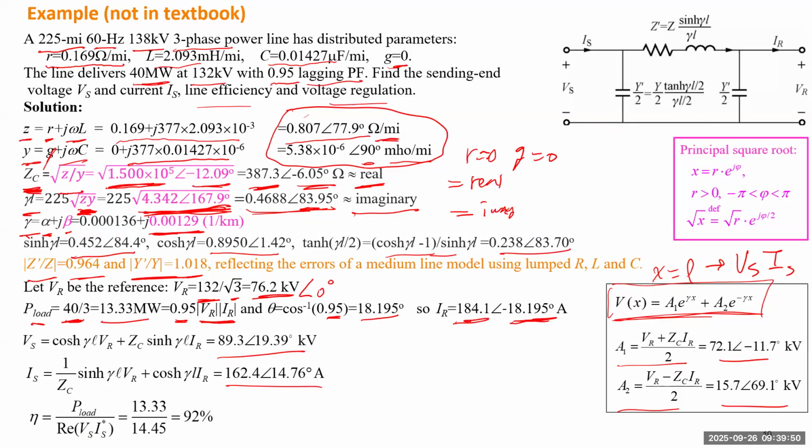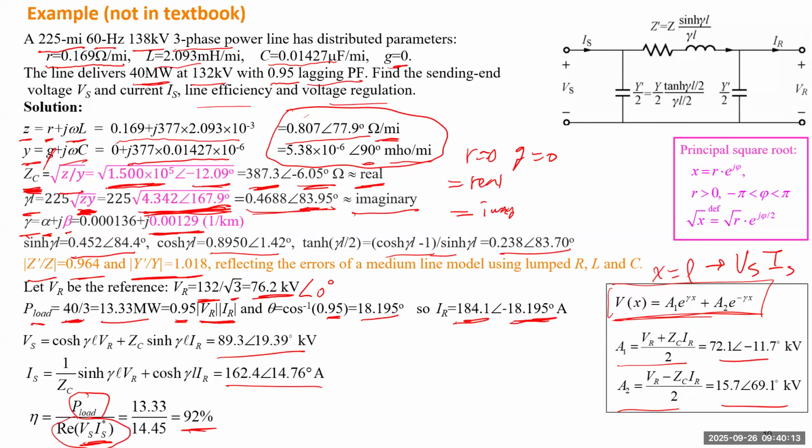Okay, to calculate the efficiency, the numerator will be just the load power, and the denominator will be the real part of the complex power from the sending end. You just utilize the definition of complex power, which is Vs times Is conjugated, then you take the real part.